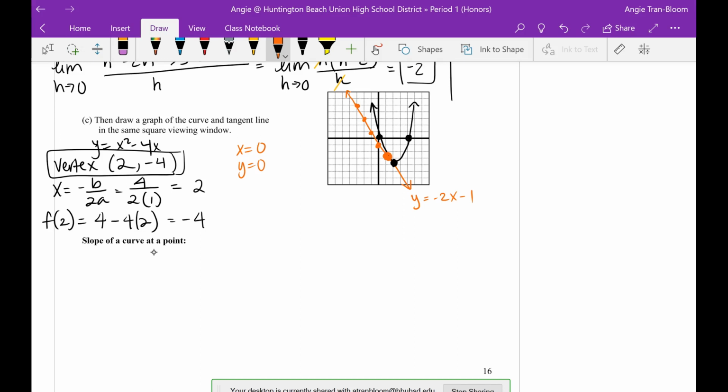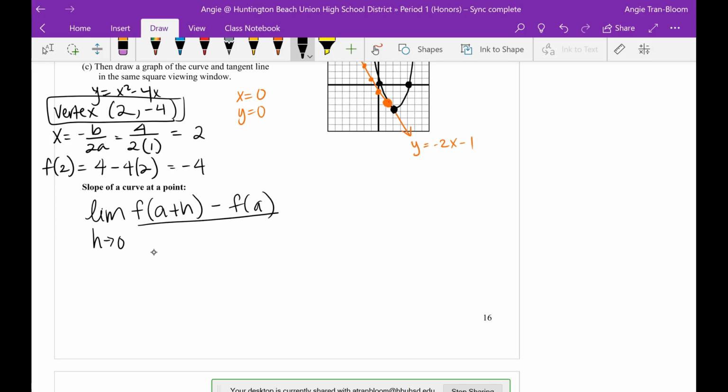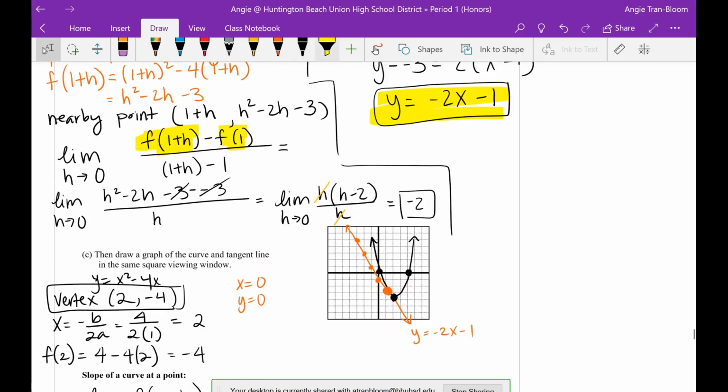So defining the slope of a curve at a point, we're going to use the limit as h approaches 0. Remember, h is the distance from that given point, of f of a plus h minus f of a, all over x2 minus x1.